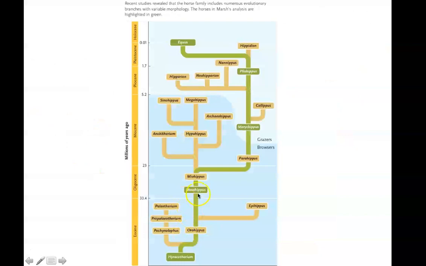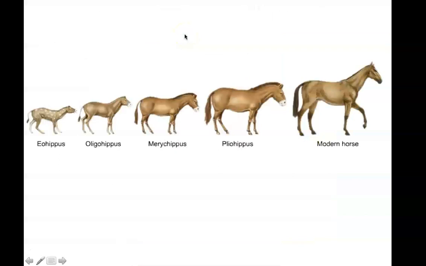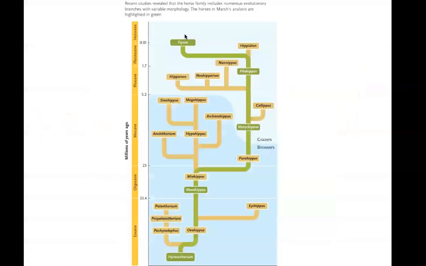However, if you look, you'll see that there's lots of side branches. So the evolutionary tree of horses splits into all these different side branches, and so therefore it's kind of misleading to present the evolution of the horse like this. It's much better to represent it as a branching tree.